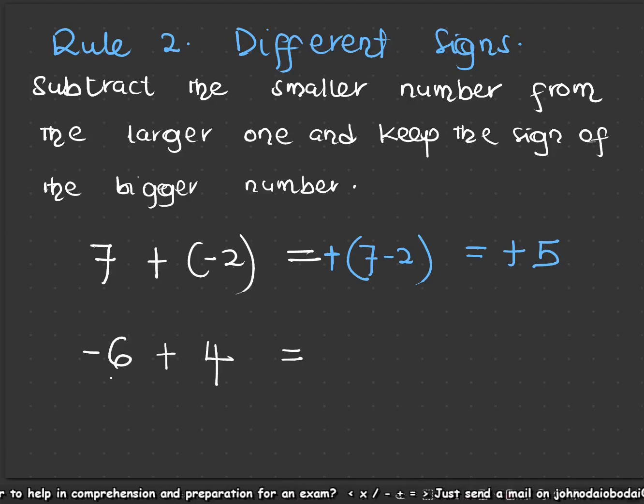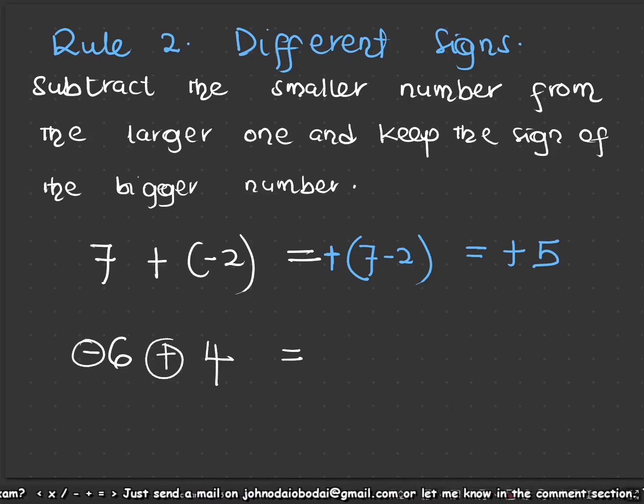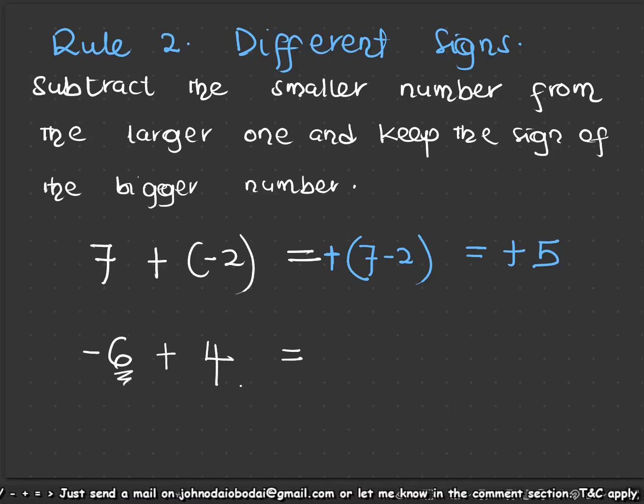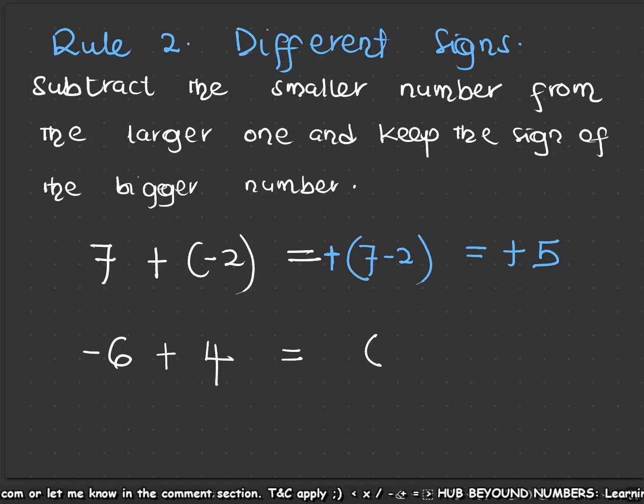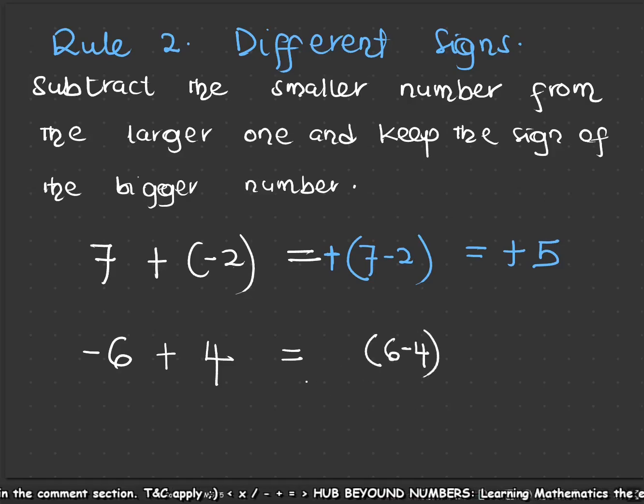In this example here, we have negative 6 plus 4. We are talking of different signs over here. And for 6 and 4, which one is bigger? 6 is bigger than 4. So all it is saying is, let's take 4 from 6, so that it becomes 6 minus 4.